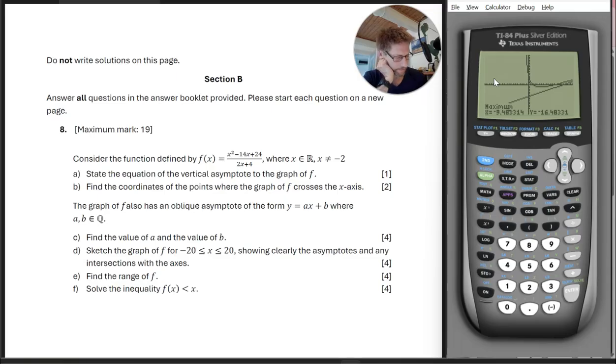And the local minimum, we can also find that quickly. Calculate minimum. I have to go on this side, left side, right side, and then we go a few steps backwards.